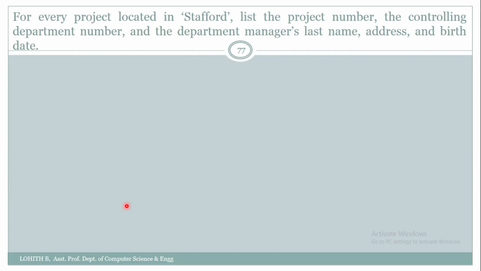Let us understand one more query. For every project located in Stafford, list the project number, the controlling department number, and the department manager's last name, address, and birth date.